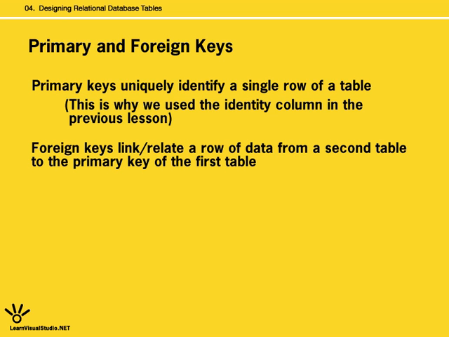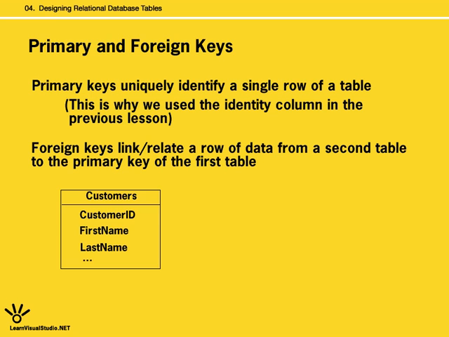The second type of key is a foreign key. This allows us to imply that there's a relationship between one or more records in the second table and a single record in the first table. And so this is where a quick visual example might really help out. Here I have a very simple table called customers. You can see that I've got a first name and a last name, and I also created a customer ID.